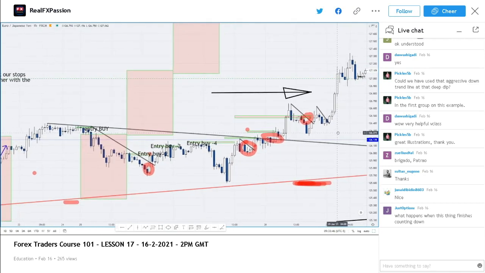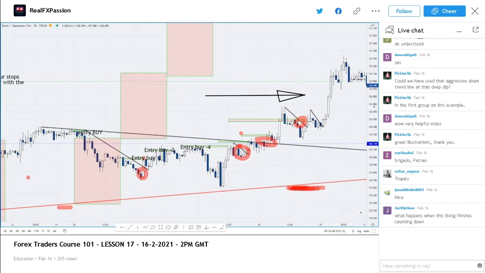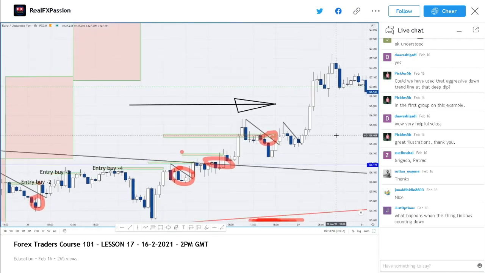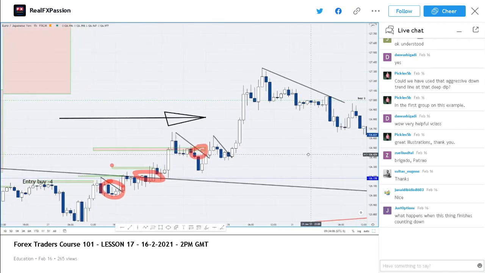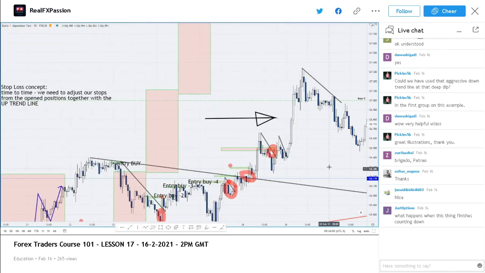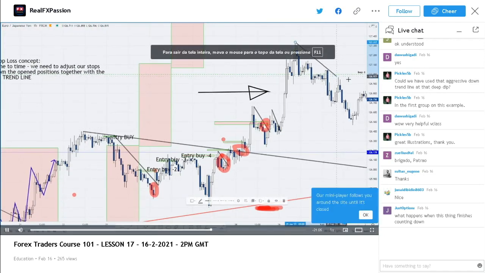The market is falling and falling. The market was falling. Let's see if this was a counter trend line break. Not yet. The market is falling some more, falling some more.